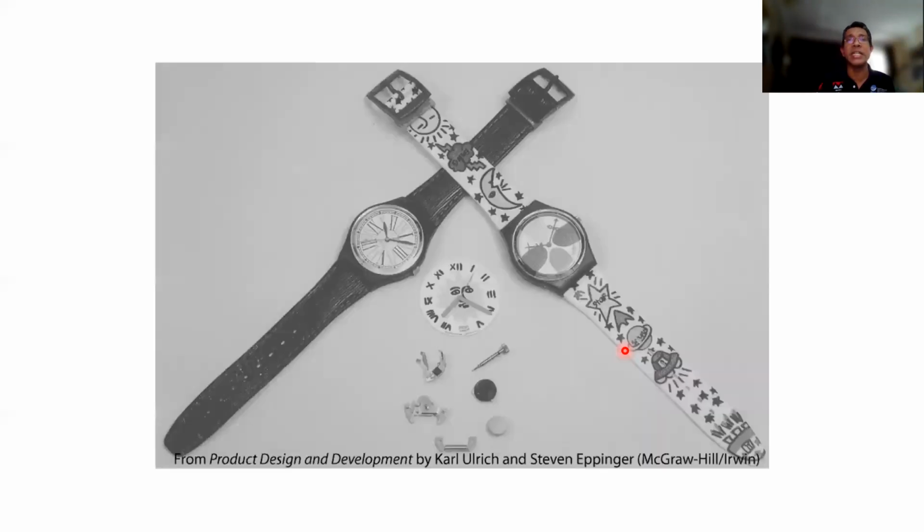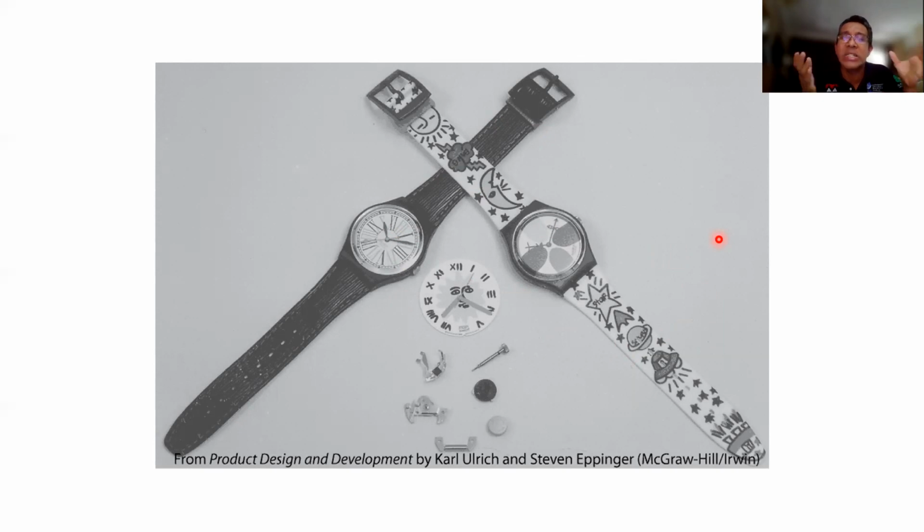For example, you can see this watch. This is a Swatch watch maker. You can see they have different models, maybe for male and female, but you can see what is different there.